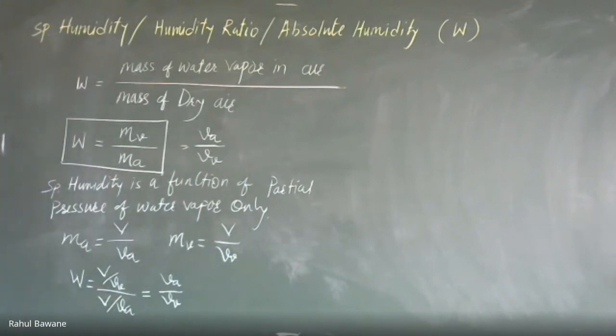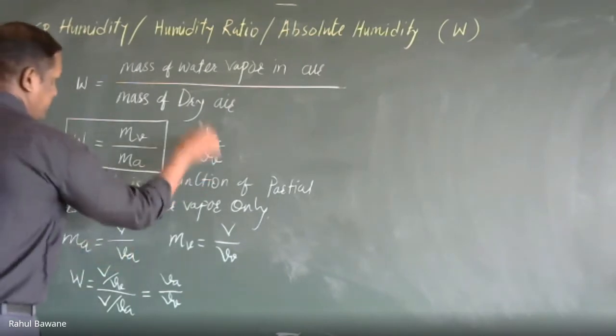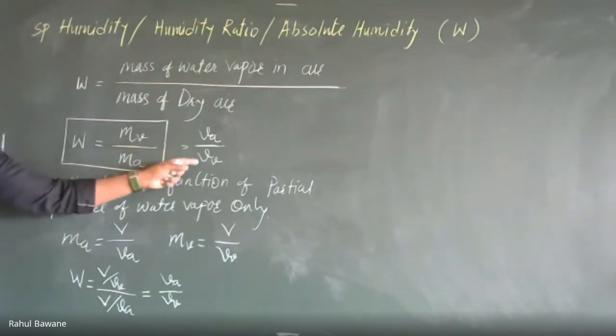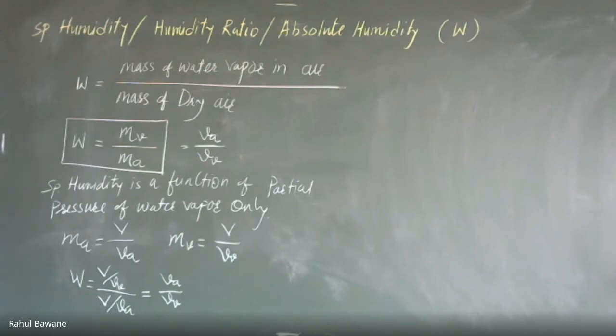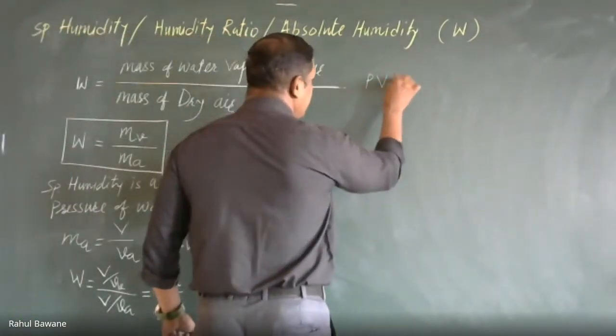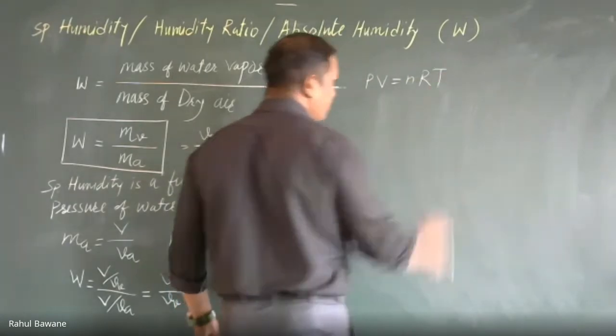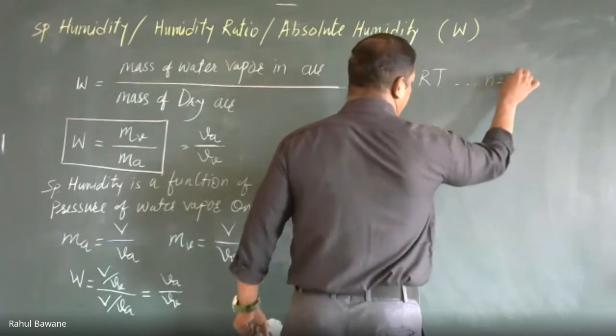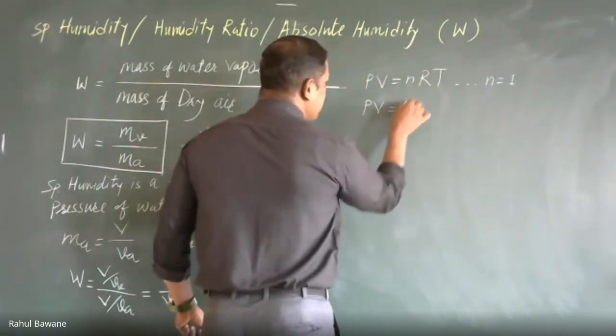Now we have to change this specific volume in terms of pressure, because we have to justify how the partial pressure of water is the only function of specific humidity. So we will replace this by pressures. The very well known general equation is PV equals nRT. Suppose n is 1, so PV equals RT.